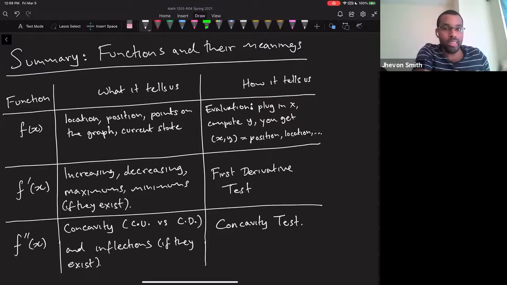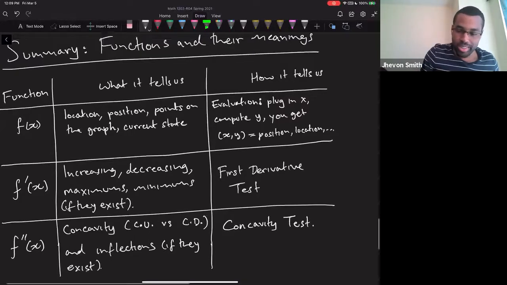What you want at any given time is going to dictate which of these functions you use. Whenever you're finding a location, use the original function. Increasing, decreasing, max or min, use the first derivative. Concave up, concave down, inflection, use the second derivative. Do not mix up who you should be using when, because that's a rookie mistake. Don't do it.